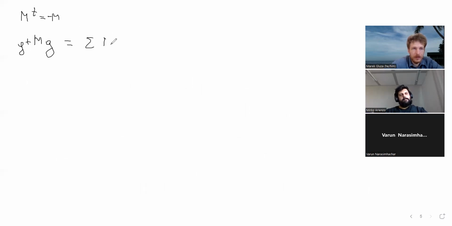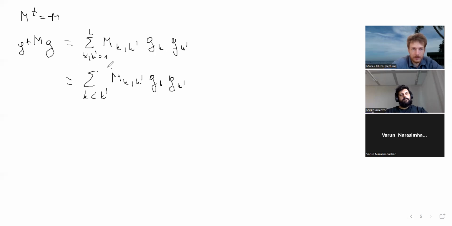So this is summation M k k prime g k g k prime, k and k prime from 1 until L. Those indices are important because now I can restrict it to ordered indices, and then I will find that I have M k k prime g k g k prime, and then plus M k prime k g k prime g k.